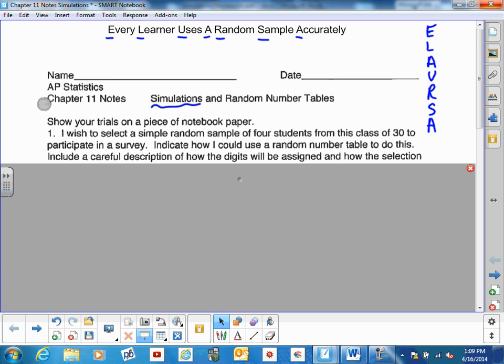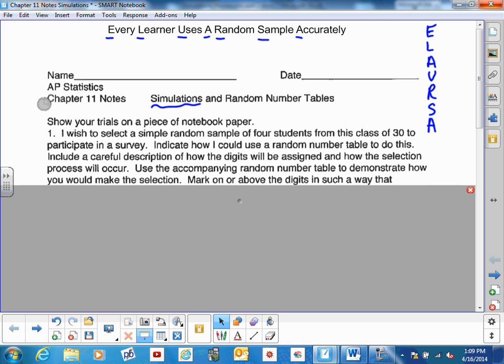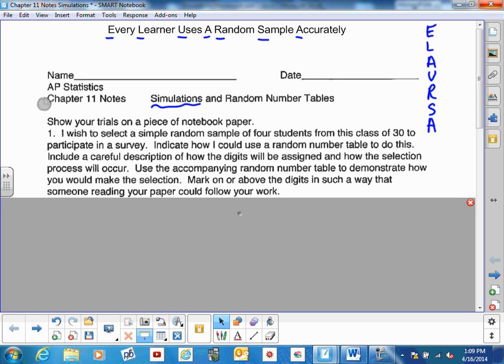Include a careful description of how the digits will be assigned and how this selection process will occur. Use the accompanying random number table below to demonstrate how you would make this selection. And you will be asked to mark on or above the digits in such a way that someone else reading your paper could follow your marks.